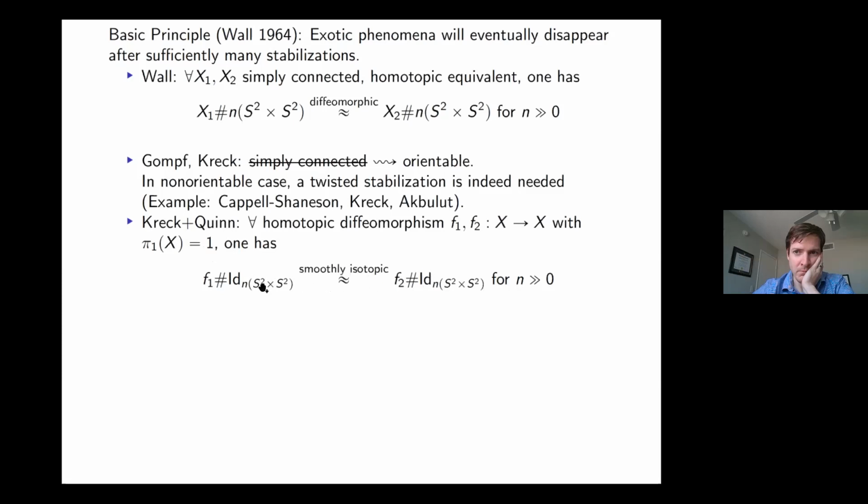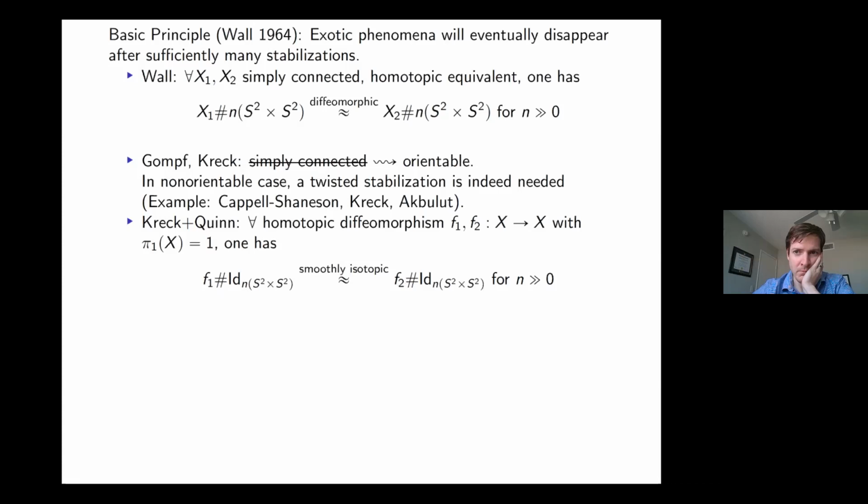Here we have to be a little careful in saying this, because in order to take the connected sum with the identity map on these n copies of S2 cross S2, both F1 and F2 must fix some small balls in X. But that can always be done by doing some smooth isotopy, and this gives a well-defined notion of stabilization.